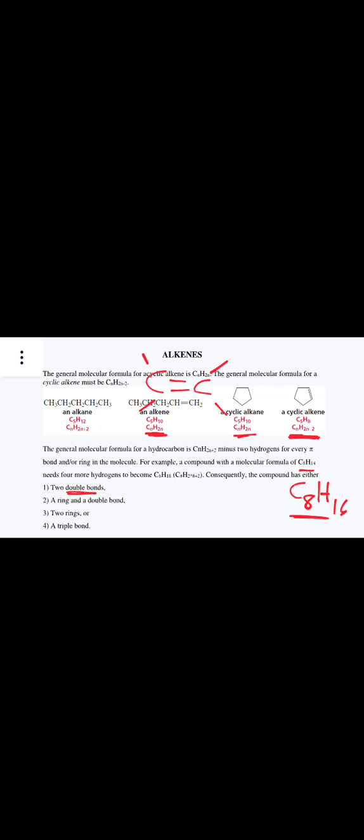When I talk of C8H16, you can think of drawing a molecule that has a double bond somewhere, an alkene. Or you can draw a ring, an 8 carbon cyclic alkane, which will give you the molecular formula C8H16.